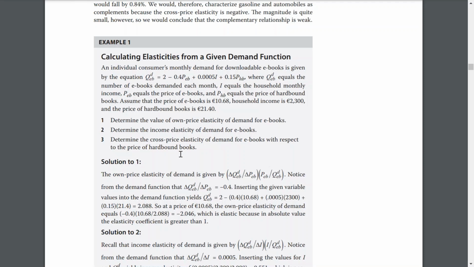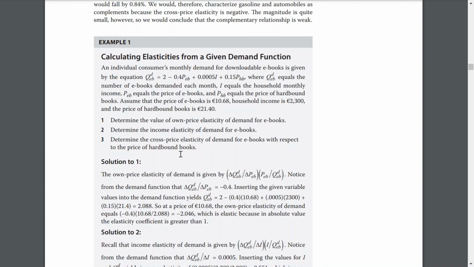Assume that the price of an ebook is this much, household income is this much, and the price of a hardbound book is this much. Determine the value of own price elasticity of demand for ebooks. Determine the income elasticity of demand for ebooks. Determine the cross-price elasticity of demand for ebooks with respect to the price of hardbound books.